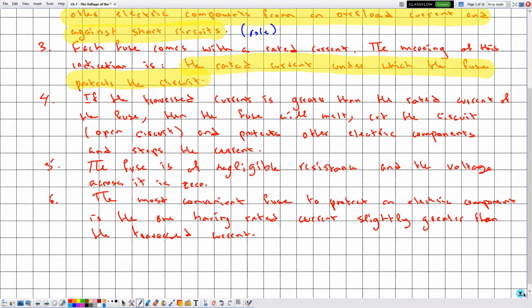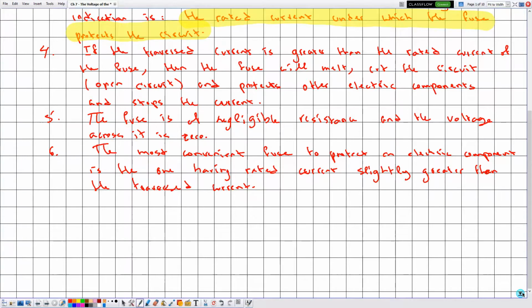Let me give an example on this idea. Suppose here we have a fuse, or we need to protect a certain circuit. So this is a portion of the circuit, and the circuit is being traversed by a current I equal to 0.5 amperes. And we have a set of fuses that carry the following indications, say for example 0.2 amperes, 0.6 amperes and 0.9 amperes.